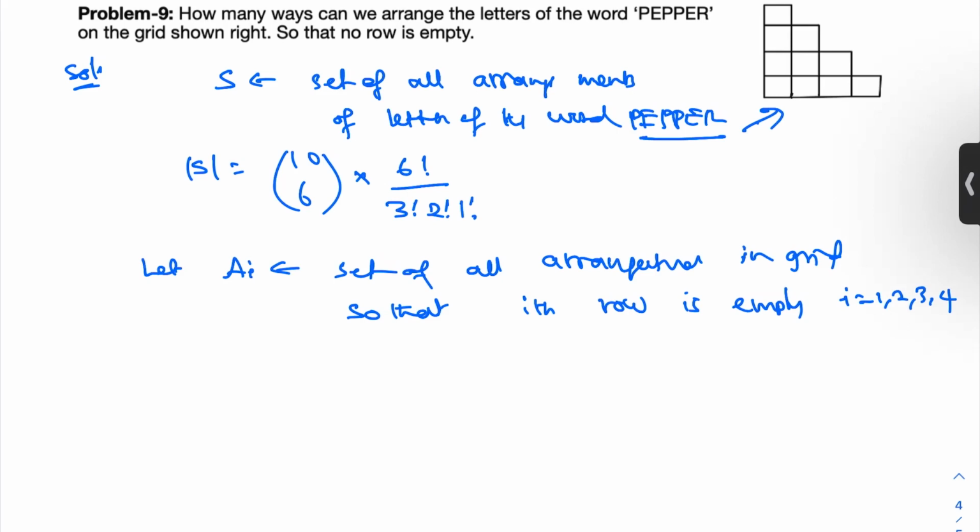That means we are precisely interested in arrangements from A1 complement intersection A2 complement intersection A3 complement intersection A4 complement.